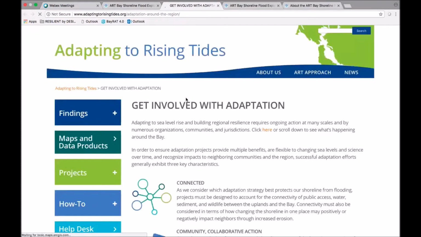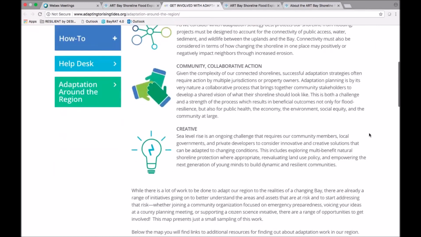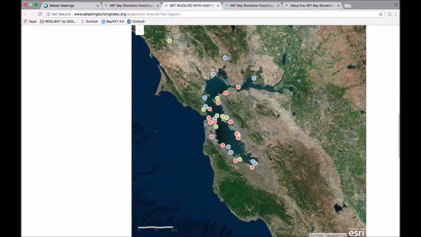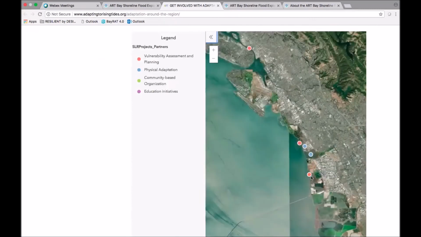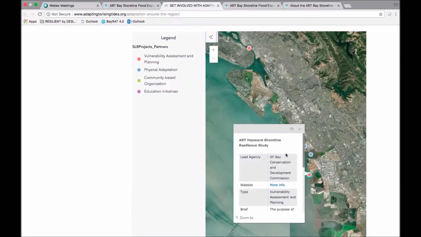This pulls up the Adapting to Rising Tides website, where we've tried to summarize where some of these education initiatives, vulnerability assessments, physical adaptation projects, and community-based organizations are already working and may provide useful resources for ongoing planning efforts. Here I'm clicking on the Hayward Shoreline Resilience Study that the Adapting to Rising Tides program completed.